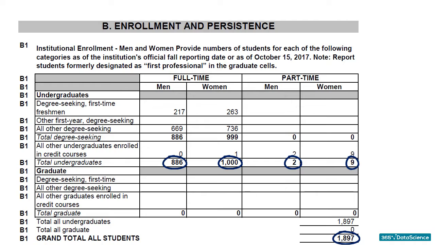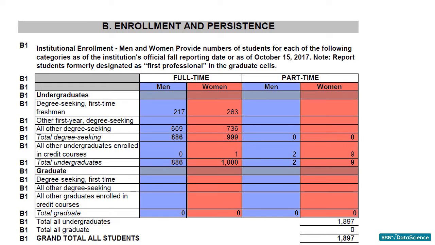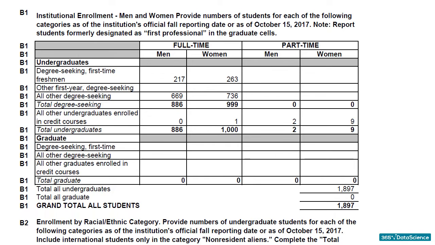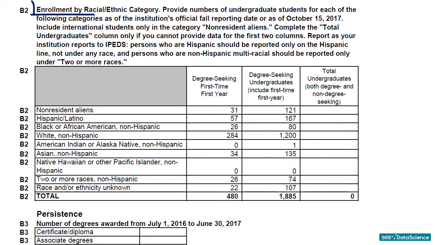Furthermore, due to the nature of the survey, nobody was allowed to mark any answer different from male or female, so the two sets have no overlapping elements. Satisfying both conditions means the two sets are complements. All right, now that you are well acquainted with how to read these tables, we will move on to a different part of Section B. Namely, we will focus on the racial ethnic diversity in the college summarized in Table B2 below.